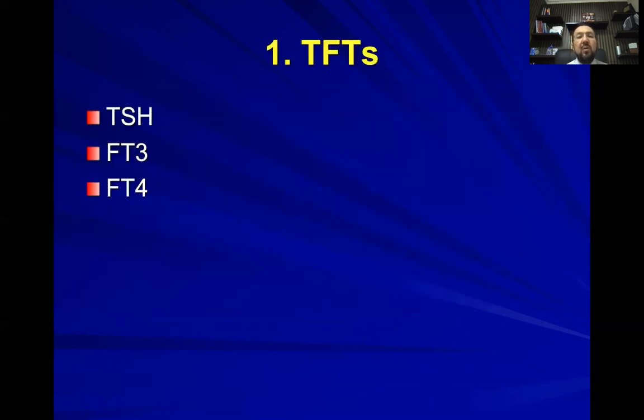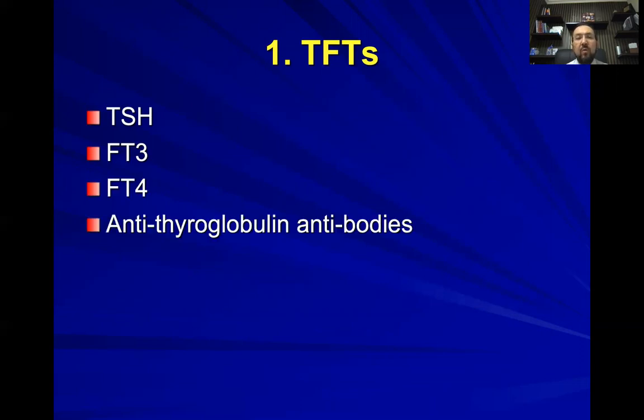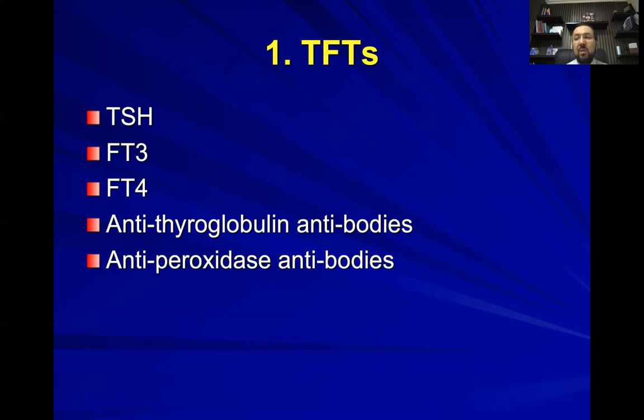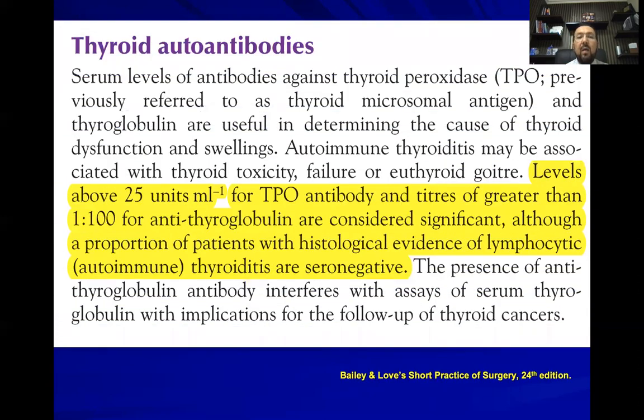So these are the tests that we do for thyroid function, in addition to anti-thyroglobulin antibodies and anti-peroxidase antibodies, which are elevated in a mild fashion in most of the thyroid diseases, but are still higher in Hashimoto thyroiditis, especially the anti-peroxidase antibodies, and they help in the diagnosis of Hashimoto thyroiditis.